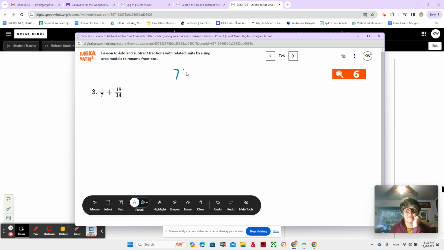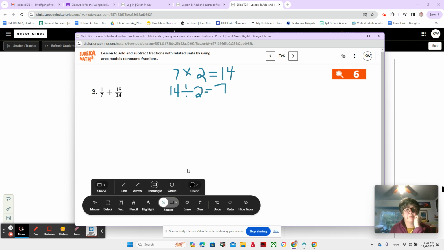So I can think about 7 times 2 equals 14, and 14 divided by 2 equals 7. And I can think about how 18 can be divided by 2, and I can think about how 1 can be multiplied by 2. So I could really do whichever one I wanted, right? So I would pick to do the easiest one, because I am going to draw a model. So I think I'm going to go with the 7ths.